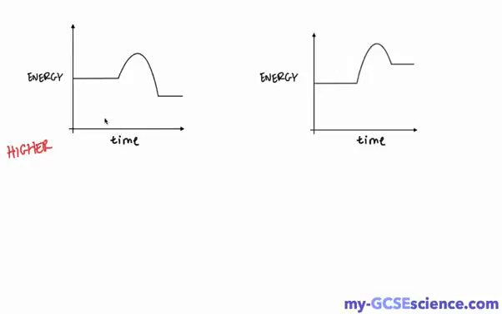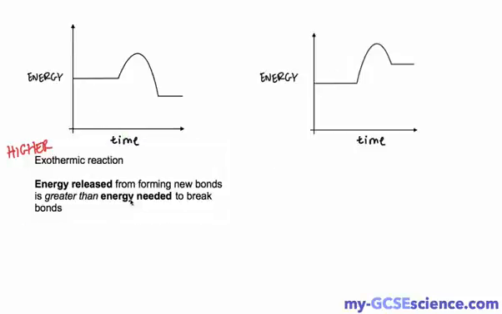So for the exothermic reaction, the energy released from forming new bonds is greater than the energy needed to break the bonds. When we're breaking the bonds from our reactants over here, that energy is a certain amount, but the energy released from forming the new bonds is bigger. So that means that the reaction is exothermic.